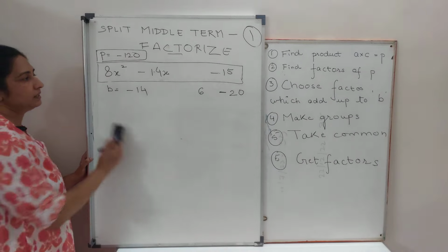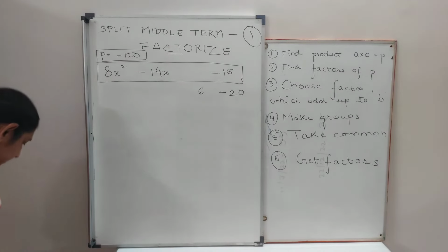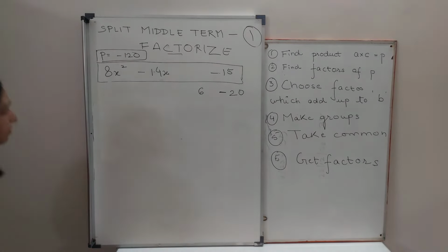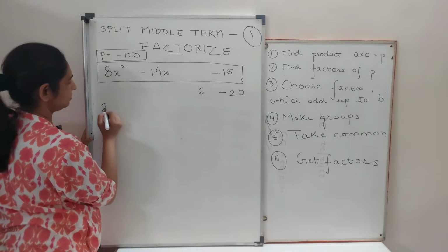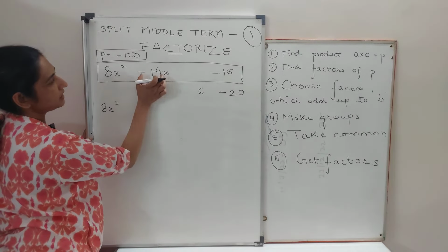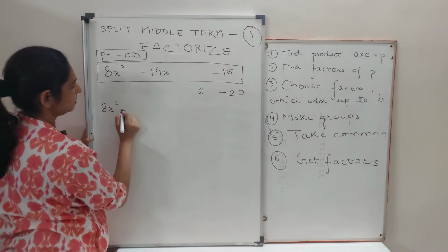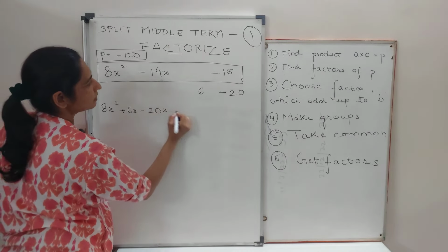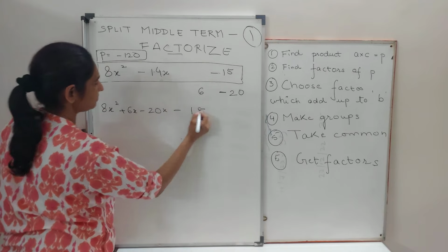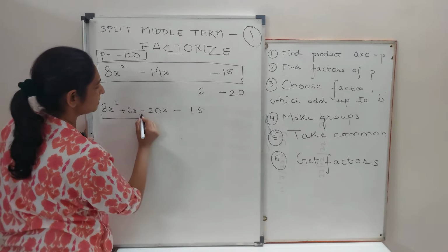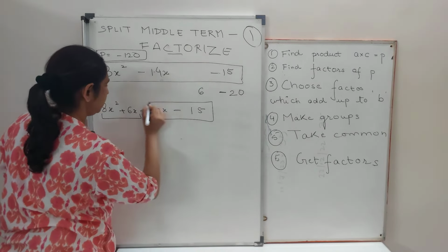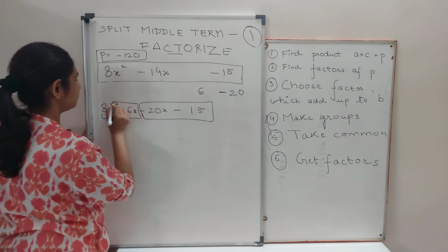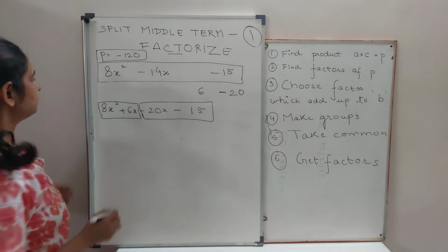Now we are left with just a very mechanical thing. So it's 8x square, just copying the equation. In place of the middle term I'll put plus 6x minus 20x minus 15. Now the next step is make groups. We made the groups.